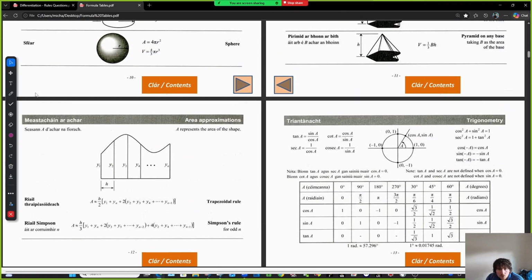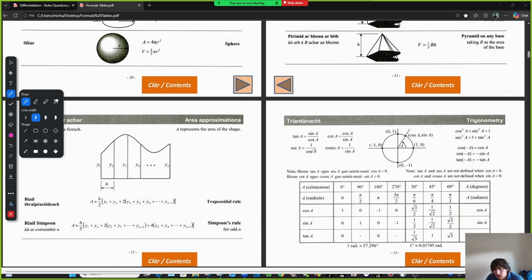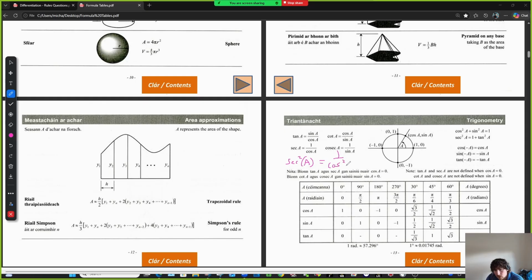Sec is actually 1 over cos A. So sec squared A is equal to 1 over cos squared A. So what I'm trying to get here is sec squared pi over 4, and if you can't find the sec button in your calculator, it is the exact same as whatever 1 over cos squared pi over 4 is. And of course, the way you type that into your calculator is, remember that the 2 is actually out here like this, so it's like squaring everything on the bottom.